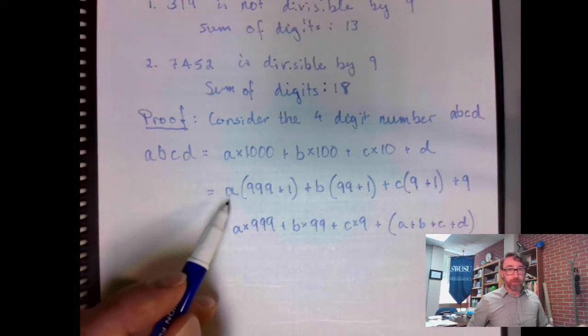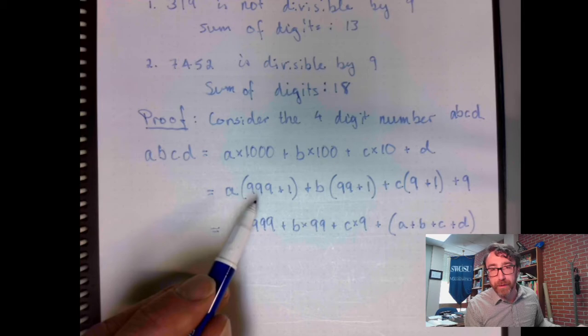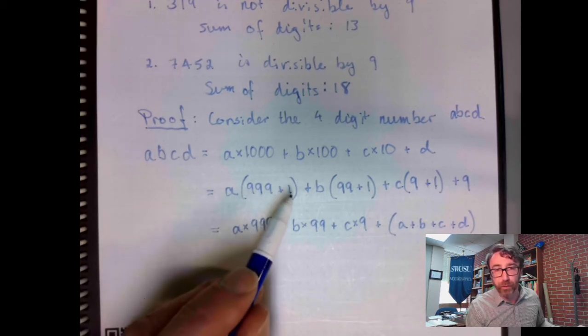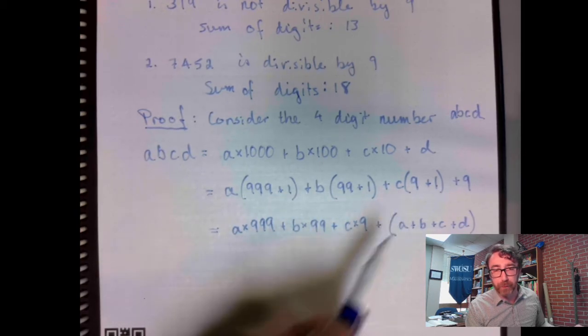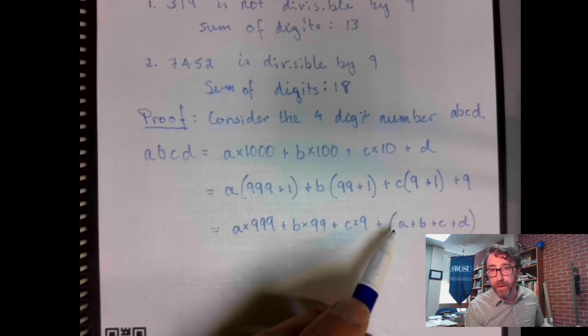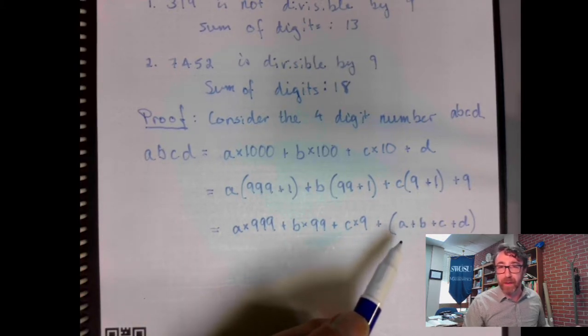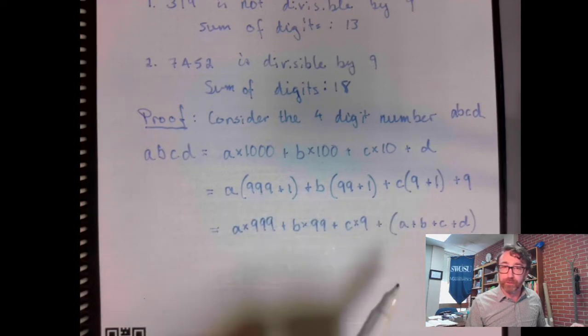So of course when I distribute here, I would get 999 times A plus 1 times A, and 99 times B plus 1 times B. So I got the 999A over here, and then I got the 1 times A over here. I collected everything that had just the singles.